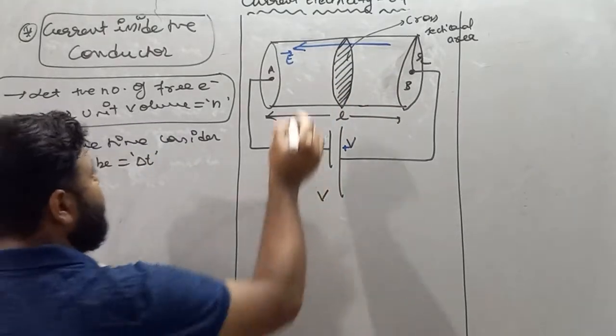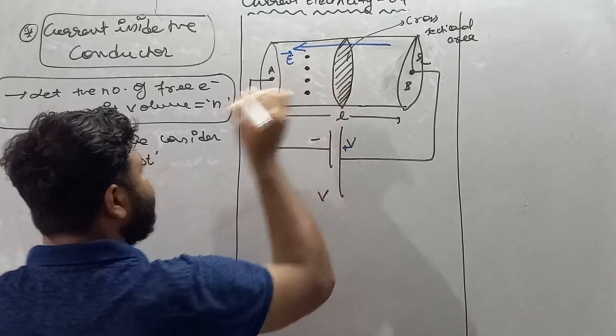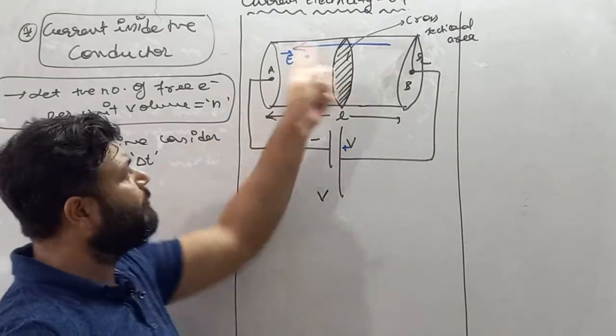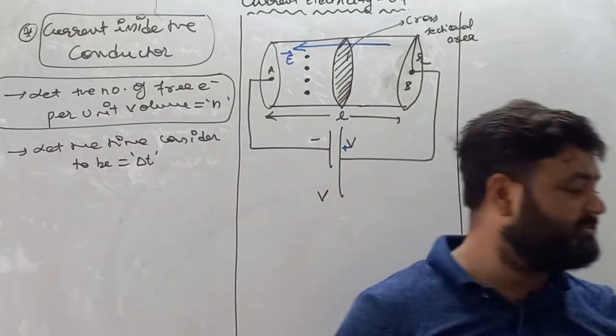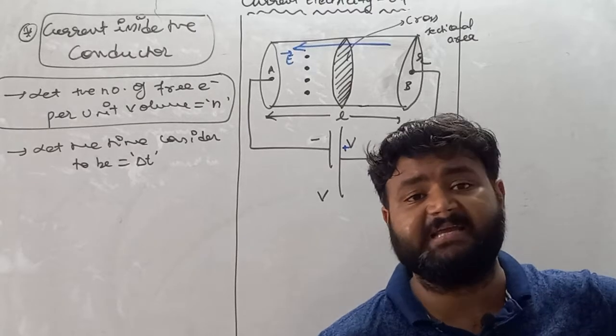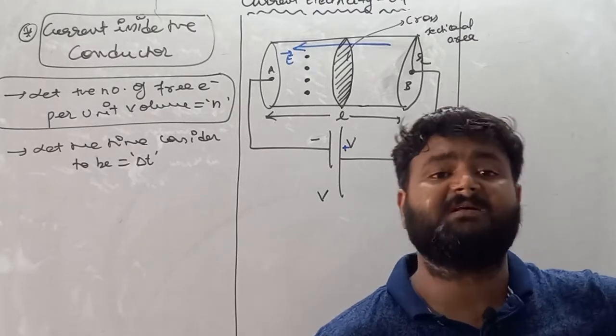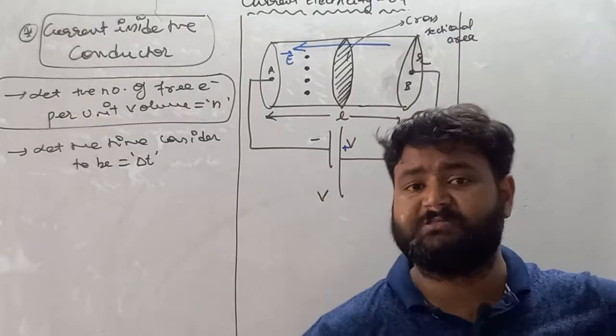As we all know, a large number of free electrons are present inside the conductor, and due to the presence of electric field, these free electrons experience a force, due to which they start accelerating with acceleration E by m. They achieve a velocity called drift velocity, which is E by m into tau.